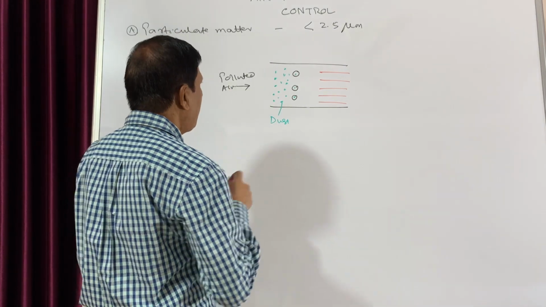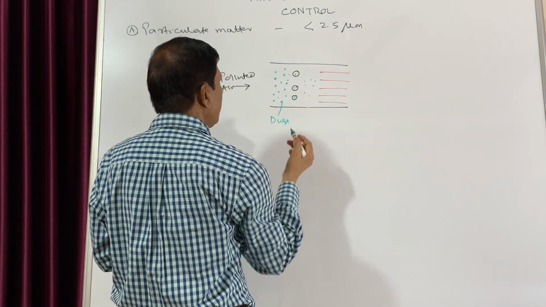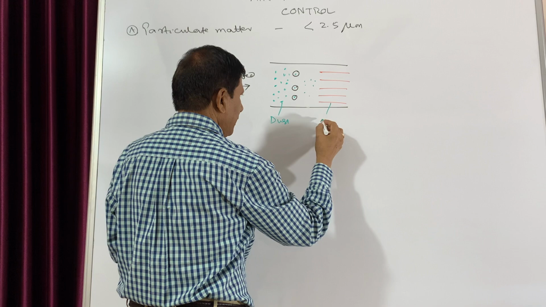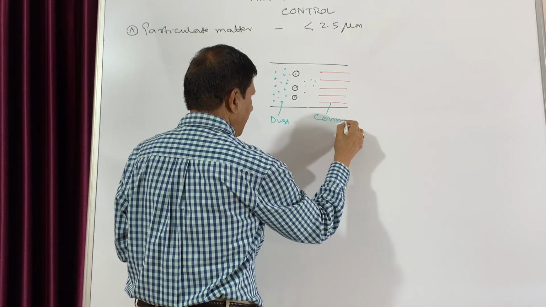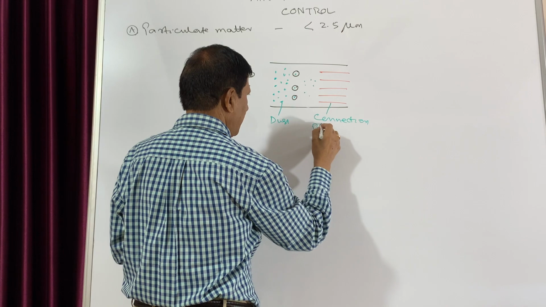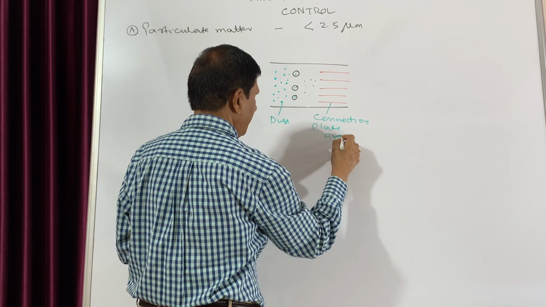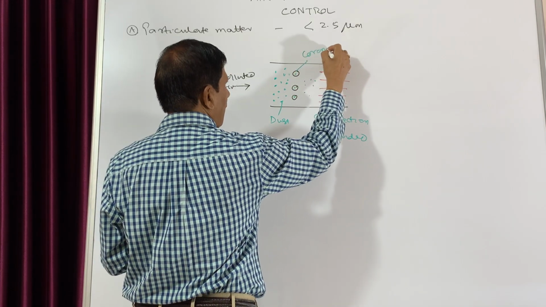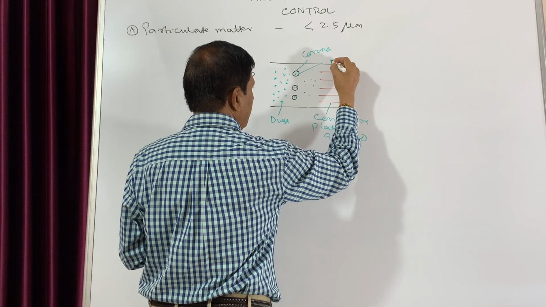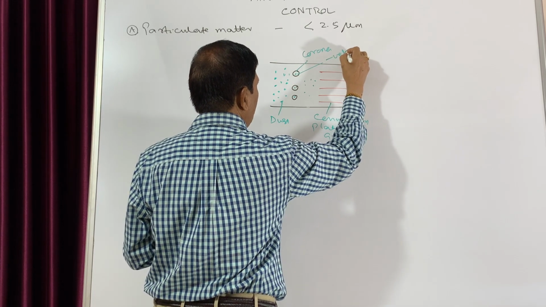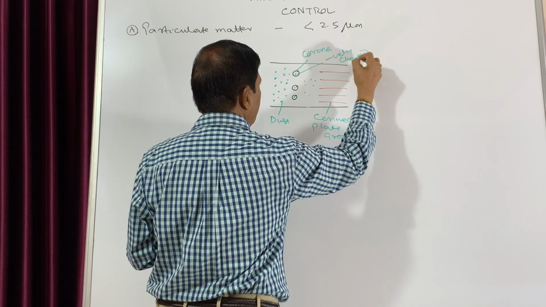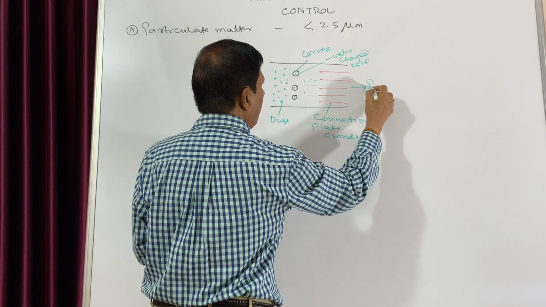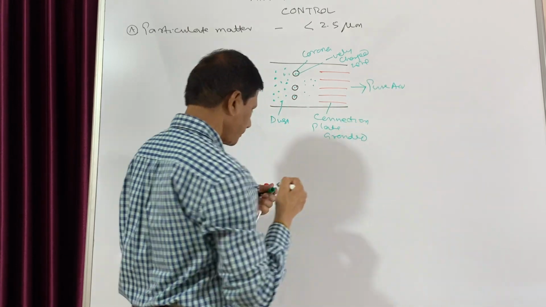When they pass through this, there is the collection plate, which is grounded, and this is the corona, the negatively charged region, and on this side the pure air will pass on.